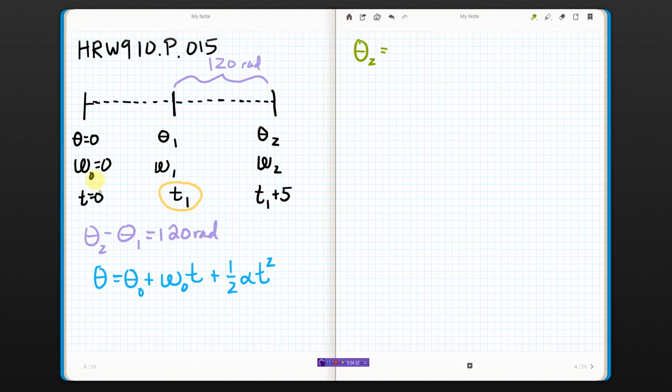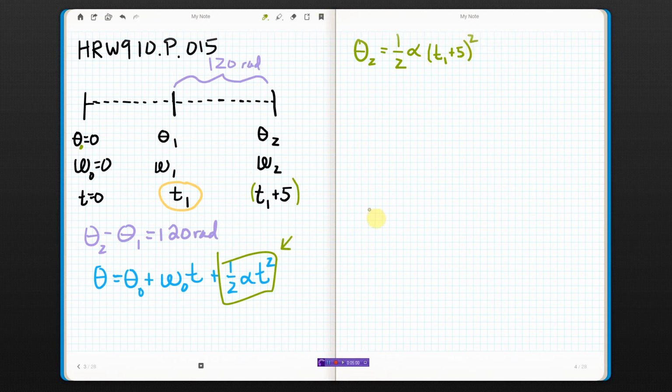Theta naught was 0, so I'm going to leave it out. Omega naught was 0, so I'm going to leave that out too. All that's left is 1/2 alpha, and t is t1 plus 5 as a unit, so t1 plus 5, and don't forget to square it.